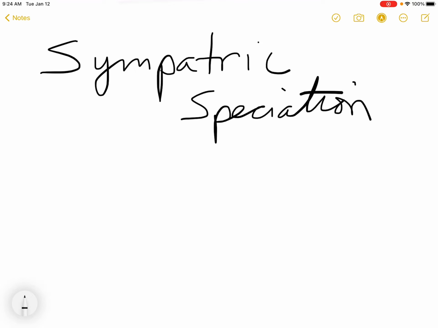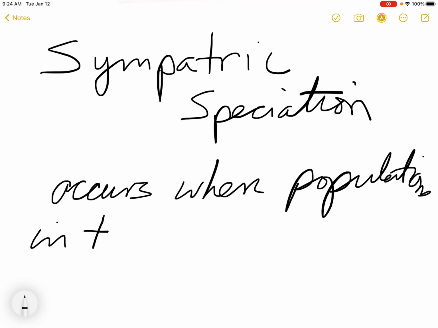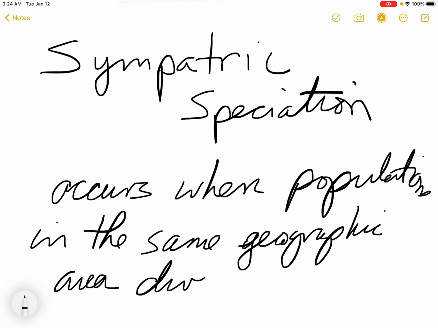Okay, so let's make a kind of a sentence here. Sympatric speciation occurs when populations in the same geographic area diverge and become reproductively isolated.